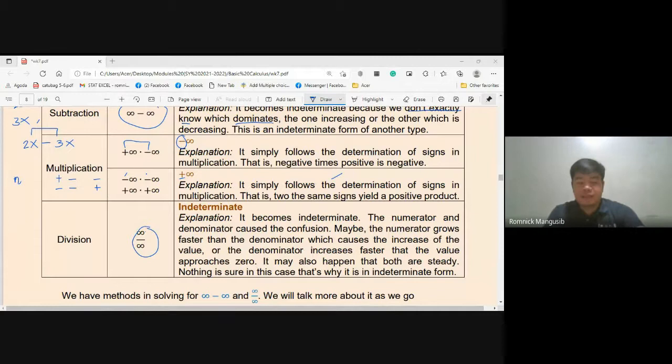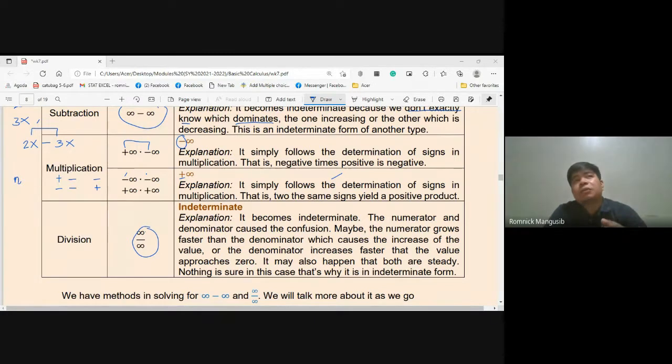So, ibig sabihin, what will happen? This is the idea, class. When the numerator increases faster, then it means to say, positive infinity pa rin, kasi mas mabilis siya mag-increase kay denominator. Okay, can you just imagine 4 divided by 2? 2. 5 divided by 3. Oh, still, that's a positive. Nag-increase siya.